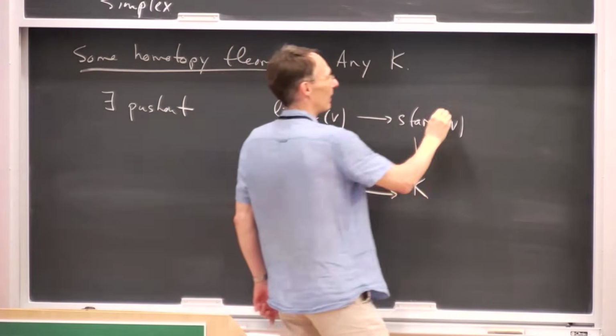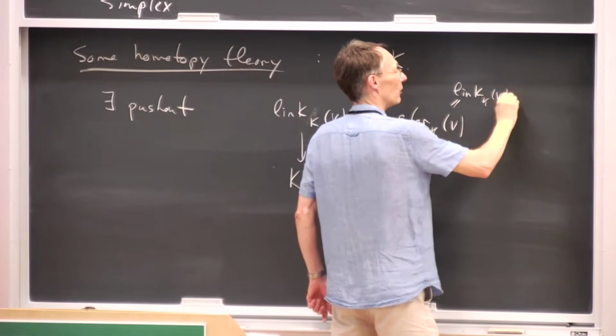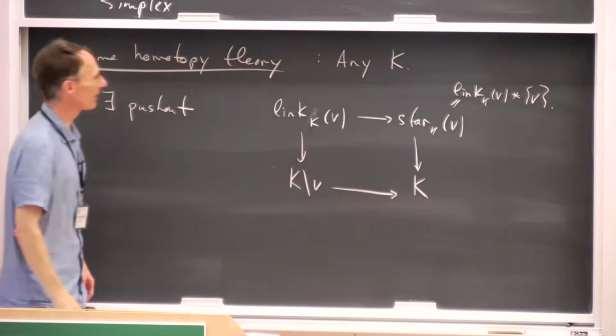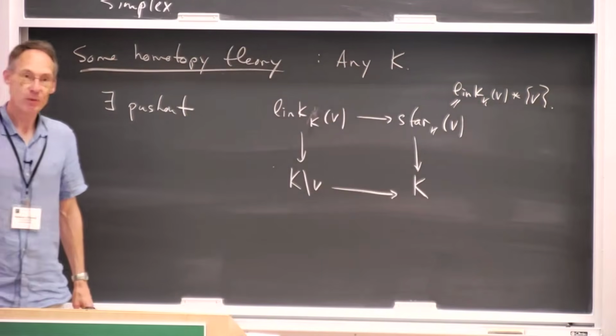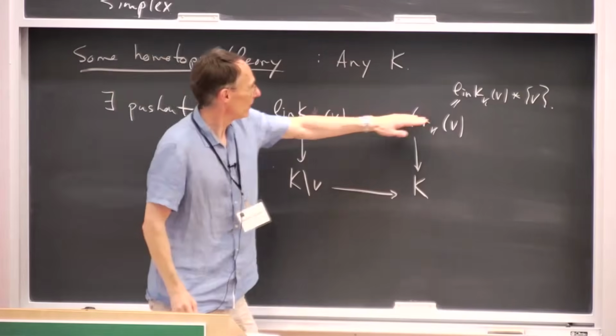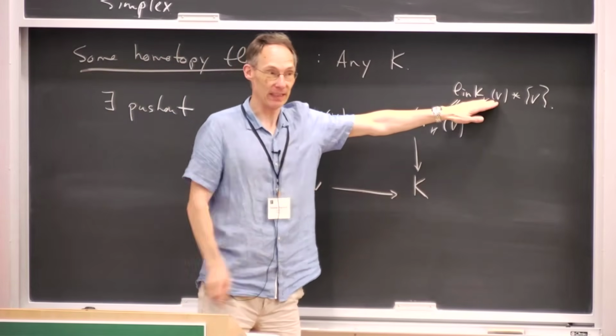And this star was the same thing as a link joined with the vertex V. Well, there's a nice push out map that you can get from this. Along the top, you've got the link including into the join of itself with a vertex.